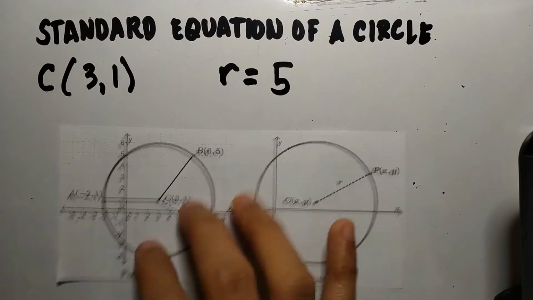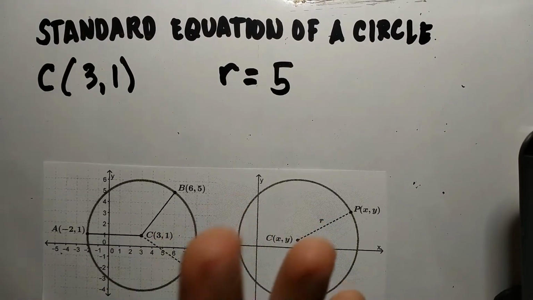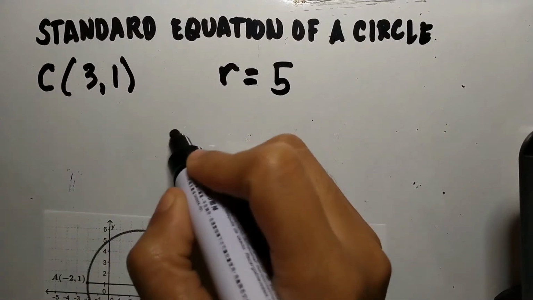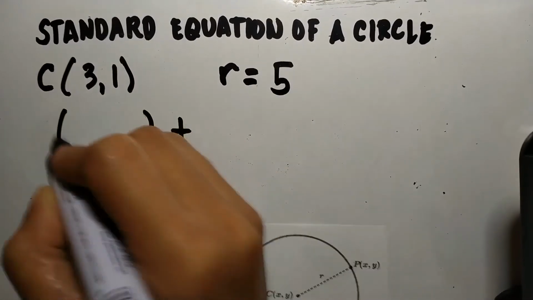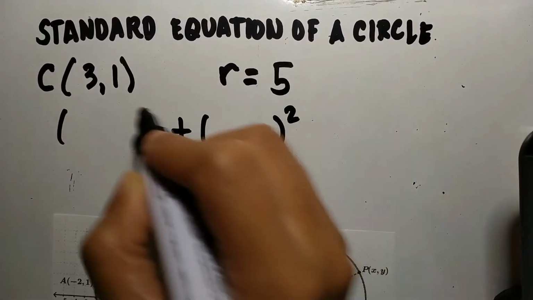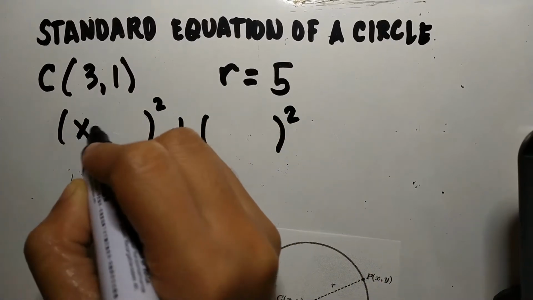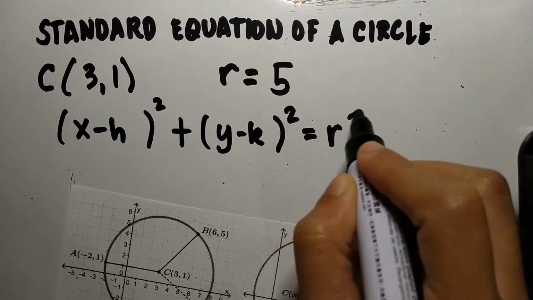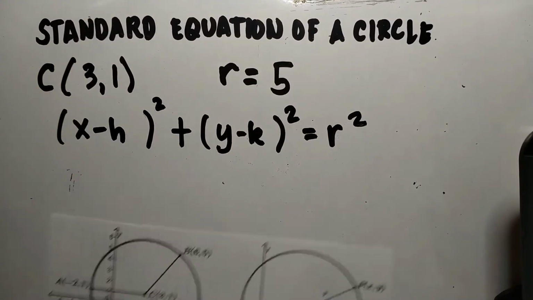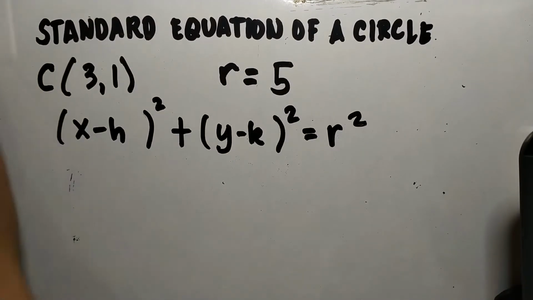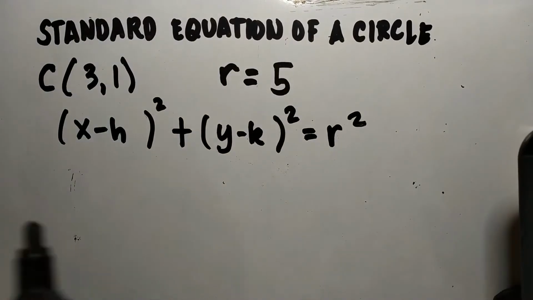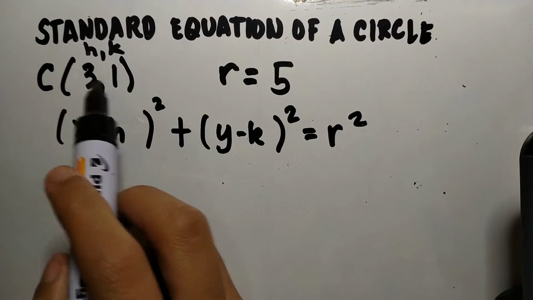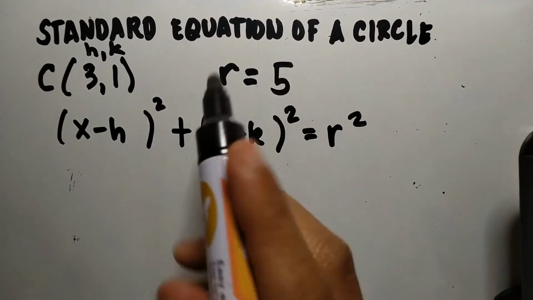Since (3, 1) is not located at the origin, we will use the sum of the squares of x minus h and y minus k equals r squared. Simply replace h and k with 3 and 1, and the radius 5.